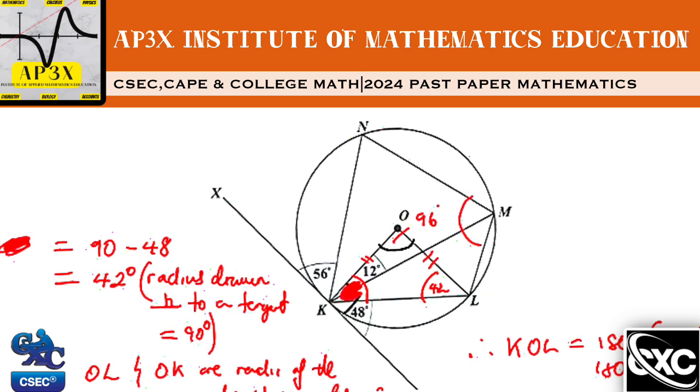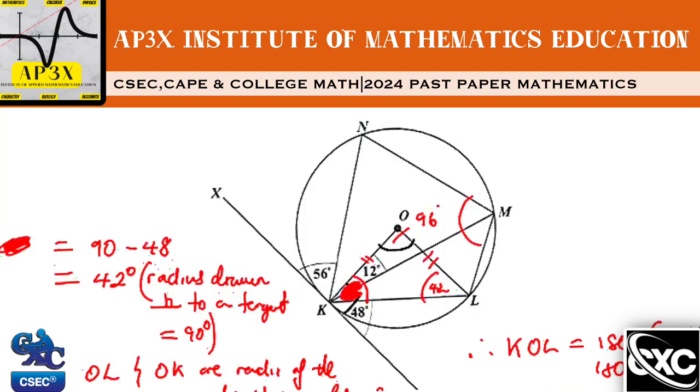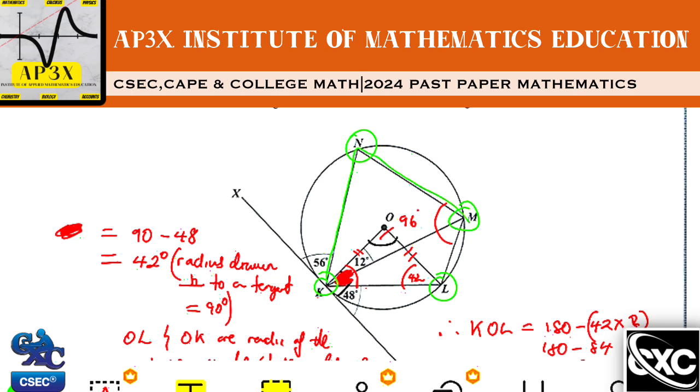All right, now the way to find this then is, if you notice that the points N, M, L, and K are all on the circumference, which basically makes this particular shape here what is known as a cyclic quadrilateral.